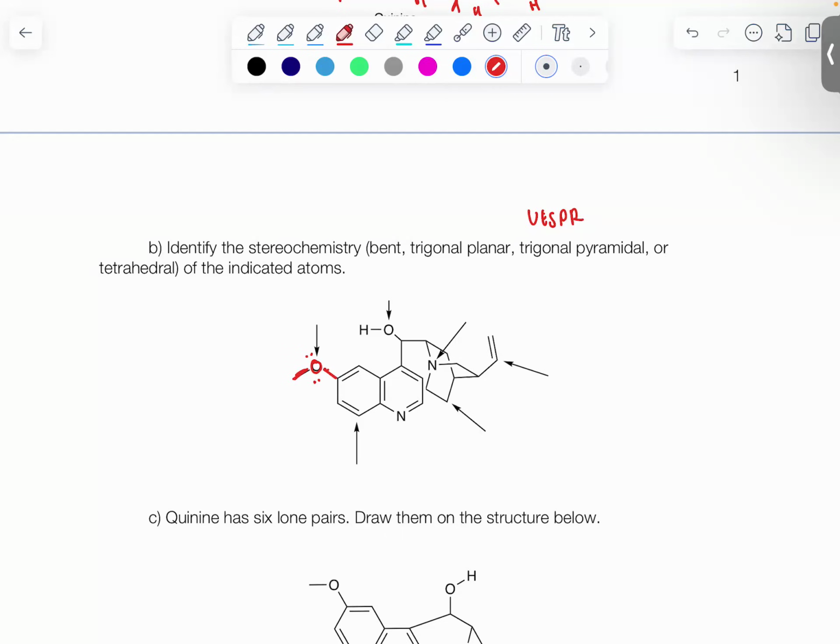We have 2 things attached, so this will be bent. And sometimes when we're talking about electronic geometry, we'll also refer to it as tetrahedral. With this oxygen, both of those attachments are to carbons. In this one right next door, we have 1 to carbon and 1 to a proton, but we're still following the same rule where we have 2 bonds and 2 lone pairs. So this one is also bent, and when talking electronic geometry, tetrahedral.